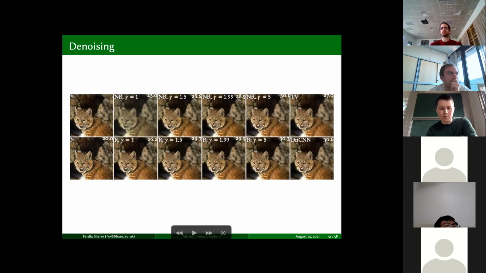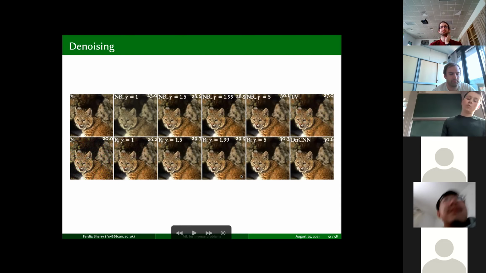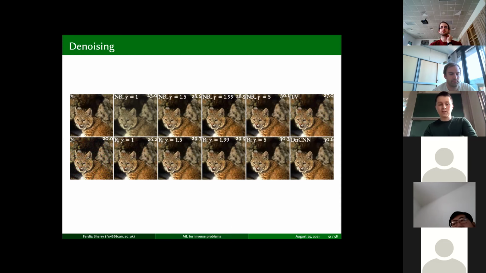This is a side-by-side comparison of the various methods, trained in a non-residual way on the top, and then in a residual way. And once you allow this gamma to be as large as you want, then basically you reach the level of the completely unconstrained network. So in practice, you probably want to find somewhere in between that gives you some kind of a guarantee while also giving decent performance.